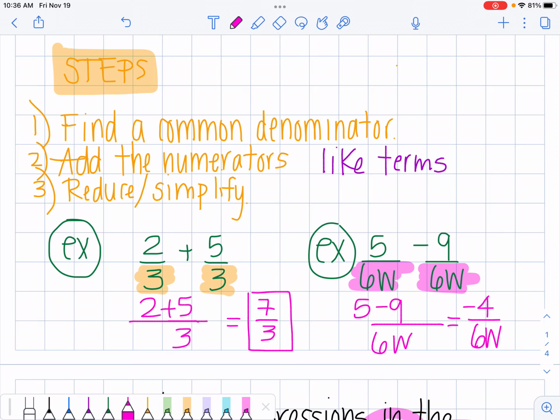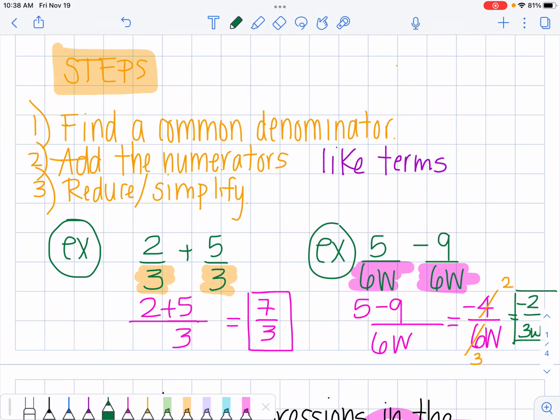I would ask myself, is there a number that goes into 4 and 6? Well, yes, there is: 2. 2 goes into 4 two times, because 2 times 2 is 4. And 2 goes into 6 three times, because 2 times 3 is 6. So this actually reduces to -2 over 3w, which would be your final answer here. So that's what it means to reduce or simplify.